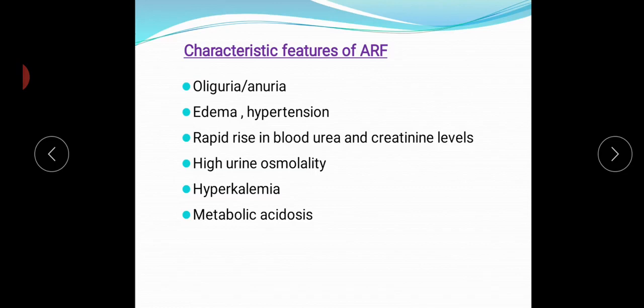If you test the blood, the serum urea or serum creatinine will be higher than normal. Then high urine osmolality, then hyperkalemia and metabolic acidosis. So these are certain characteristic features of acute renal failure.